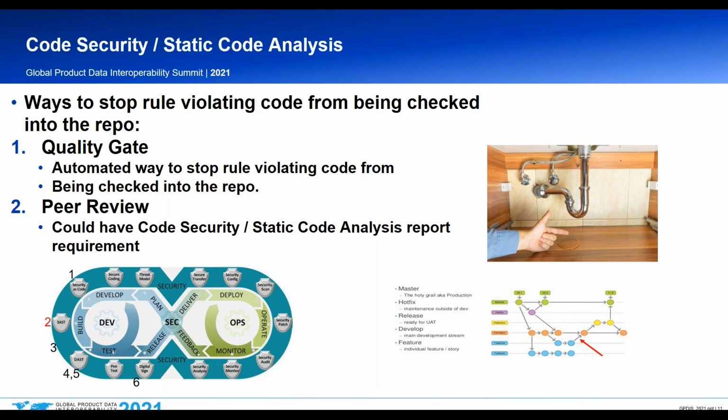Ideally, the static code analysis report for the code that is being checked in would be part of the peer review, where you can cover the findings, whether they're Cat 1 criticals or from Fortify or blockers from SonarQube. The static code analysis report will be part of the peer review, and you can determine whether it is a false positive or not and allow the code to be checked in.